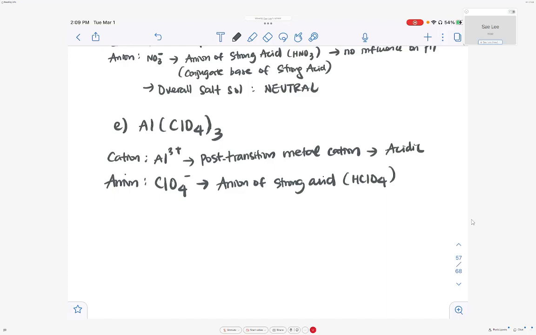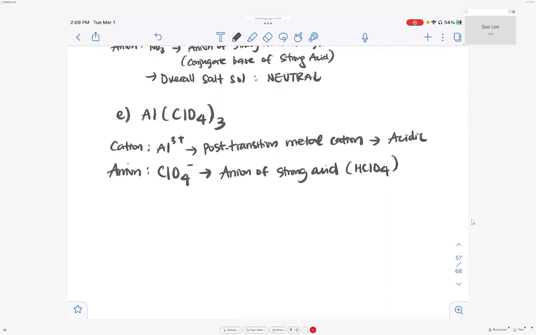If you want to know whether this anion is an anion of strong acid or not, put an H and then go back to the table, the strong acid and strong base table. See if the protonated version, the acidic version of these, is a strong acid or not. So you have to go back to those tables.